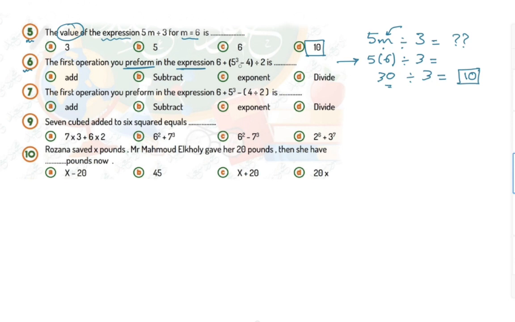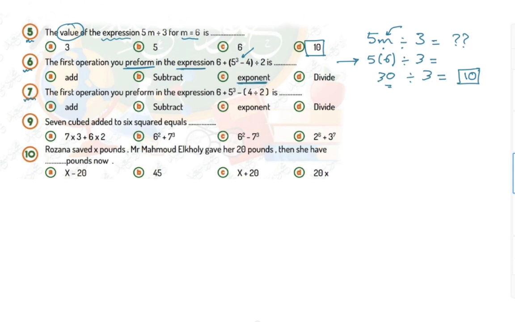Here we have parentheses, and inside them we have an exponent, or power, 3. So what comes first? I need to do this exponent first. After this exponent I can perform the parentheses. So I will start with the exponent.